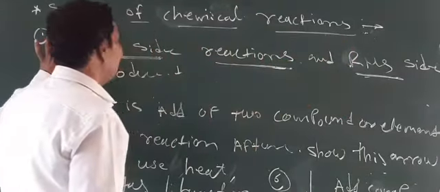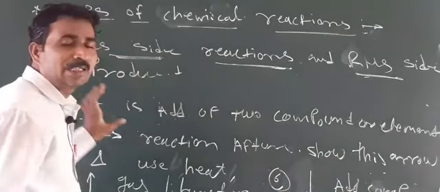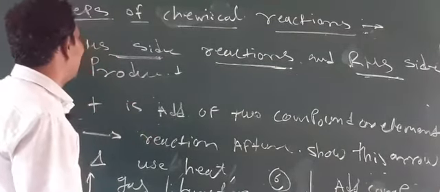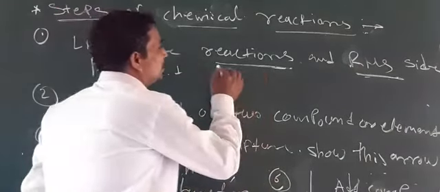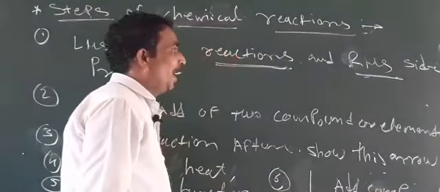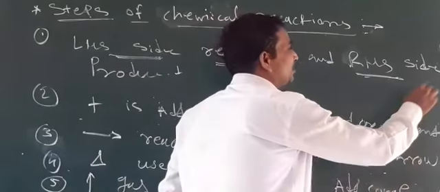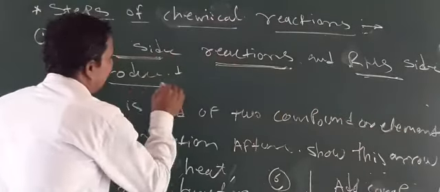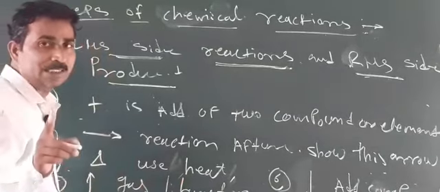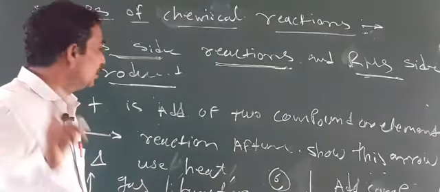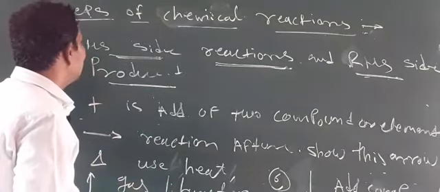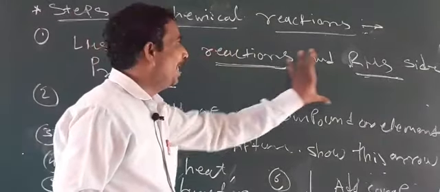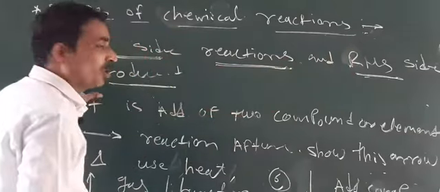So this is the very first step of the chemical reaction. Again, I will revise it once, listen carefully: on the LHS, reactants will come, and on the RHS, products will come.